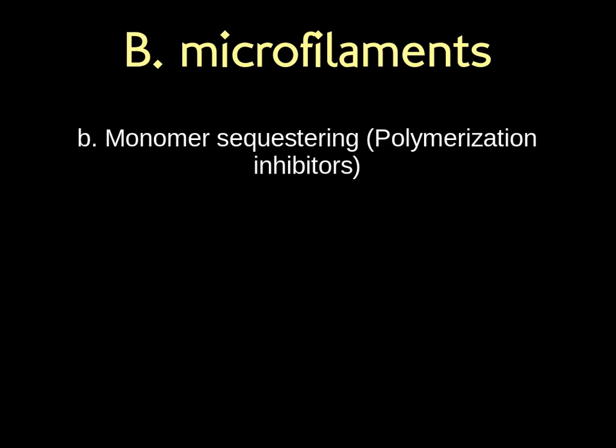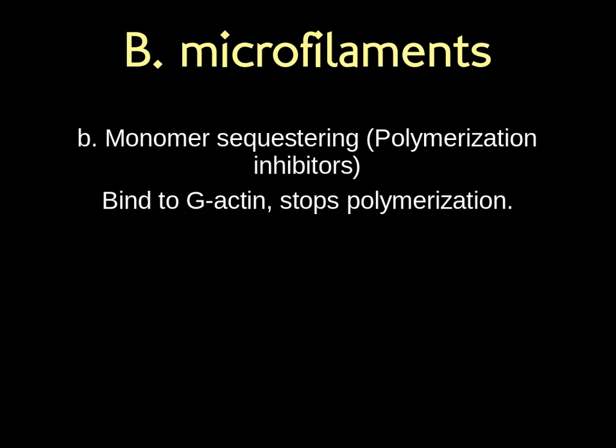Kind of makes intuitive, straightforward sense. And these will bind to the G-actin, and therefore you're preventing it from undergoing polymerization, and therefore we're stopping it from doing any sort of elongation.